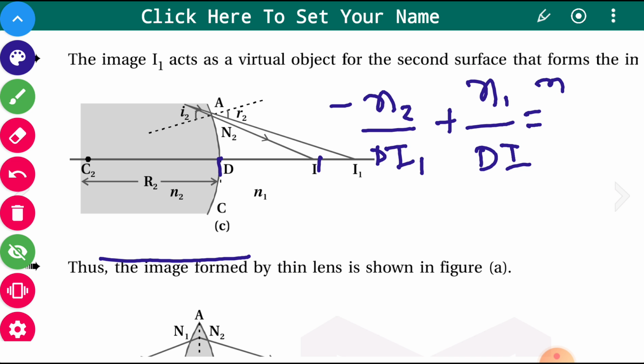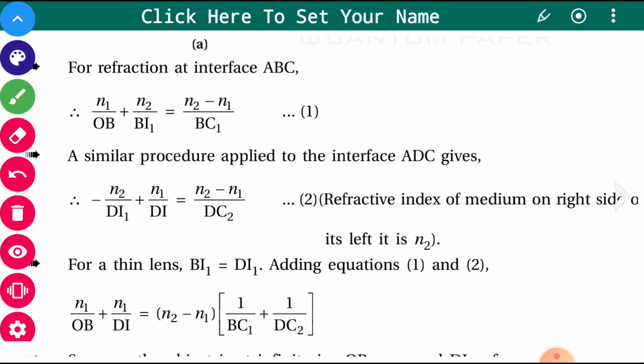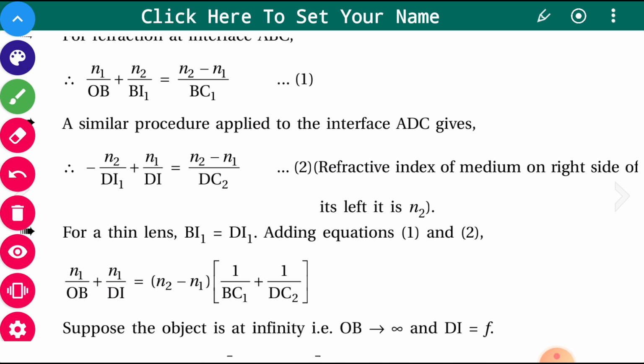Try to understand, everything will be reversed, and instead of n2 minus n1 we shall write n1 minus n2 upon the radius of curvature, and the radius of curvature for the second is, we can say, dC2, or say R2. So dC2 we have to write, it is written here dC2.